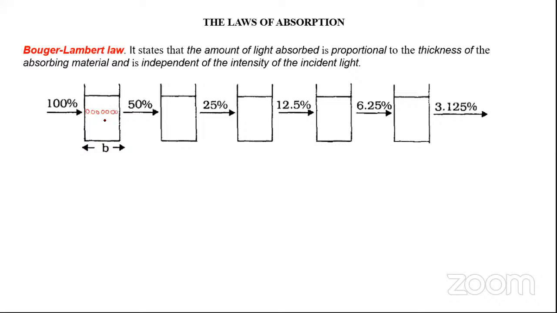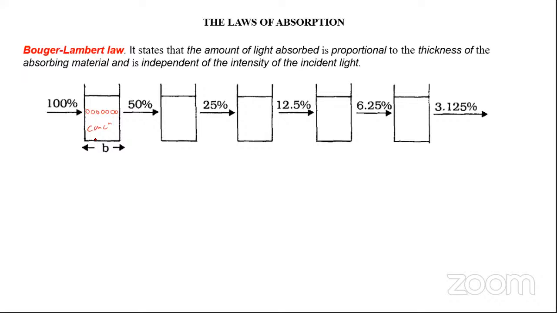When the light is passing through, right? So other way around, can I not put it like this, that the amount of light absorbed by the absorbing material is proportional to the number of molecules or concentration of the absorbing material?